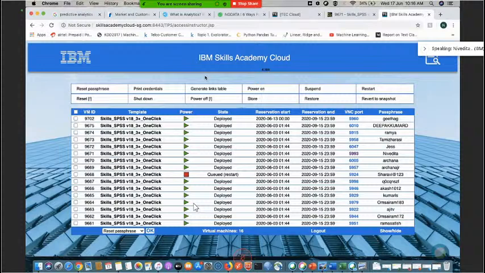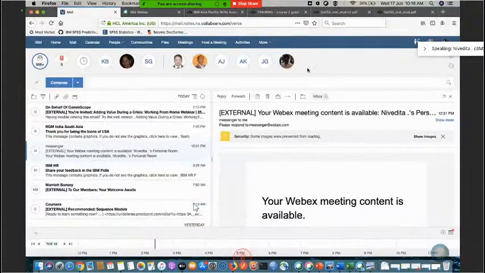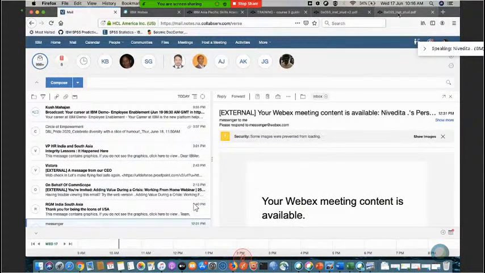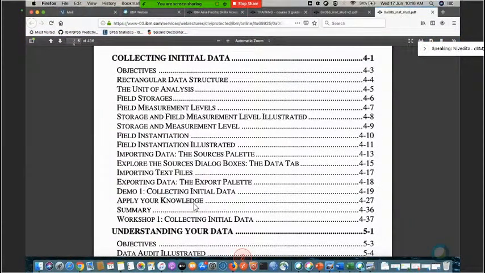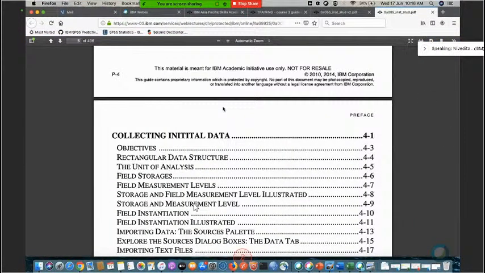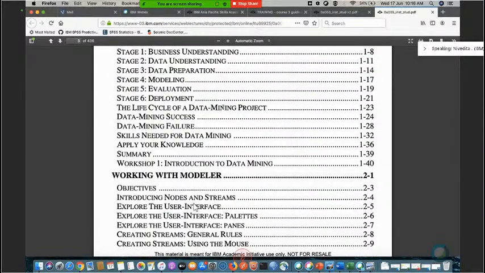I mentioned yesterday also, this is the first module, I guess.